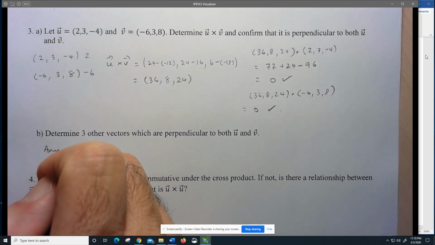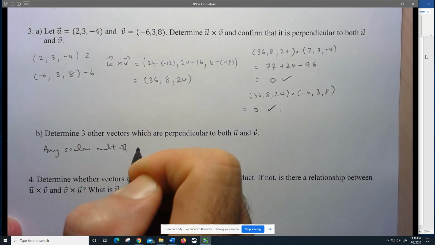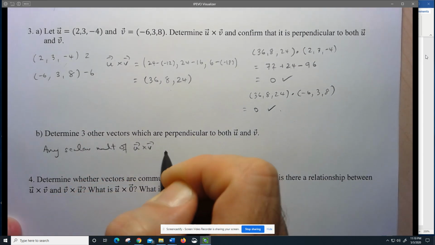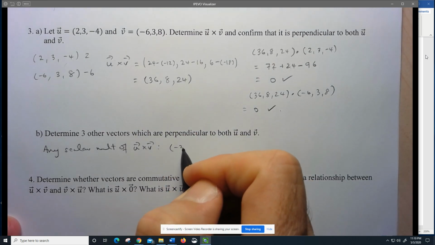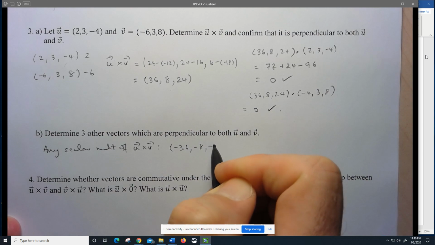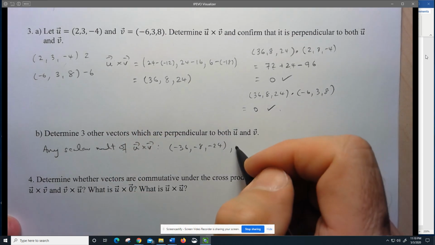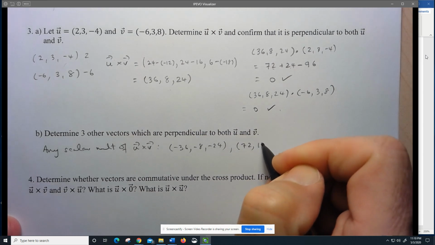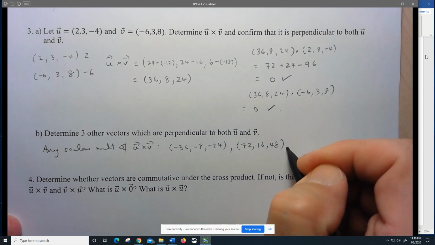So here, any scalar multiple of u cross v. Okay, so let's put a few. Well, let's multiply them all by -1. Let's say -36 and -8 and -24. That works. Okay, I can multiply everything by 2. 72, 16, 48.